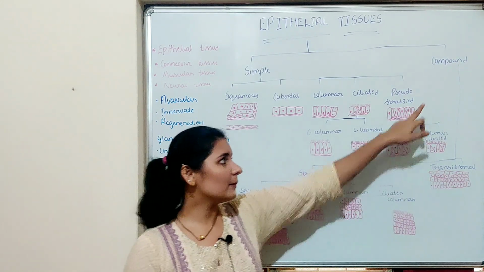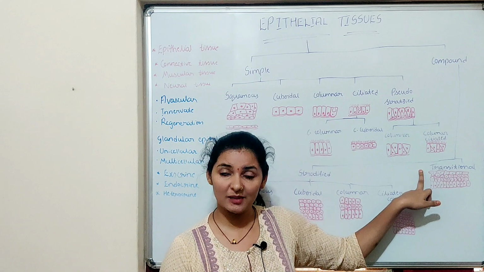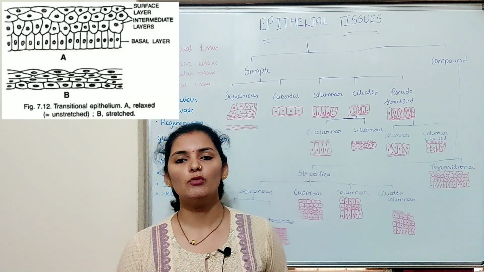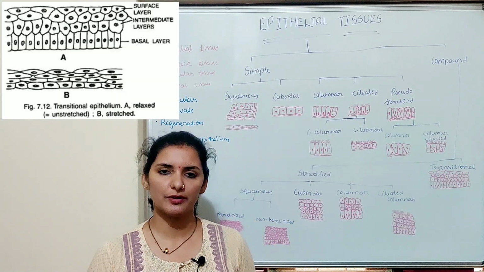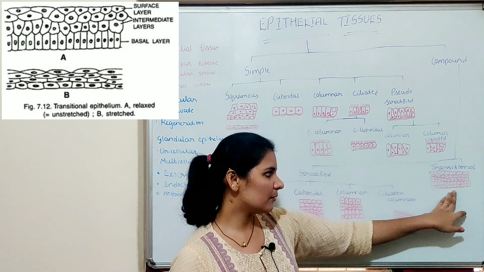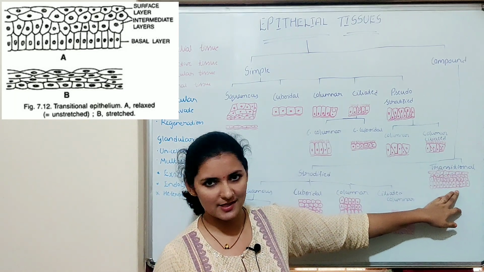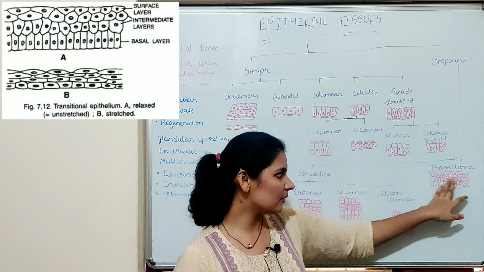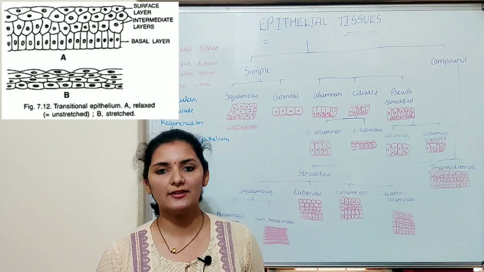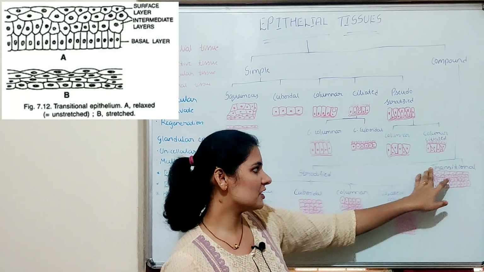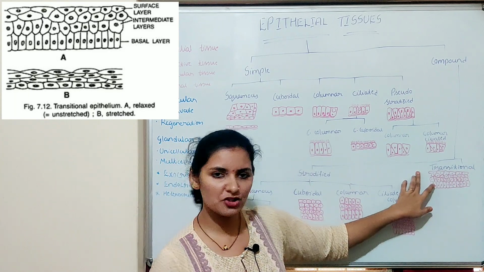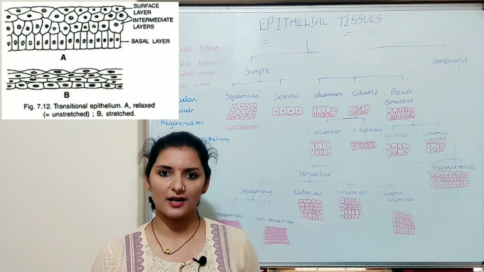Second type of compound epithelium is transitional epithelium. Transitional epithelium is made up of 4 to 6 layers of cells of different shapes. The deepest layer is made up of cuboidal or columnar cells. The cells present in the middle layer are polyhedral shaped cells. The cells present on the upper or superficial layer are globular cells.